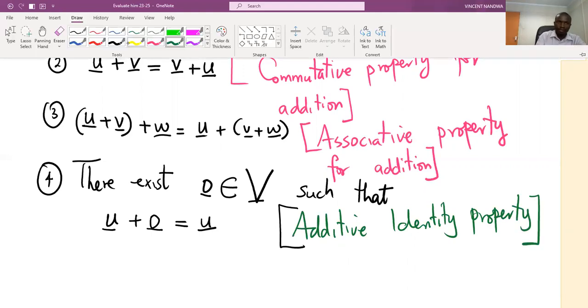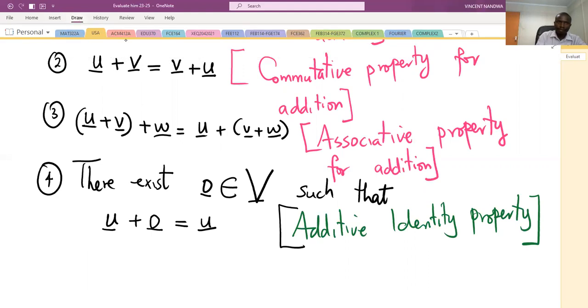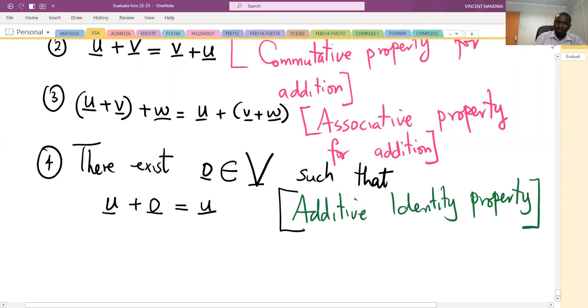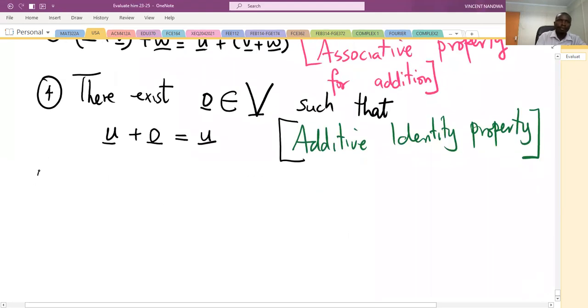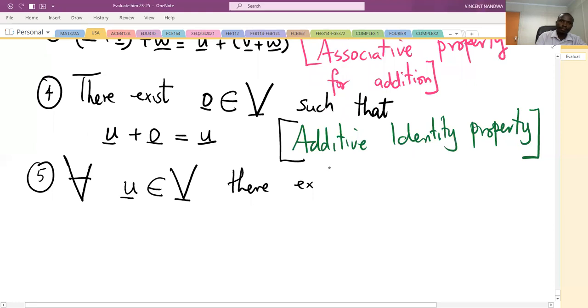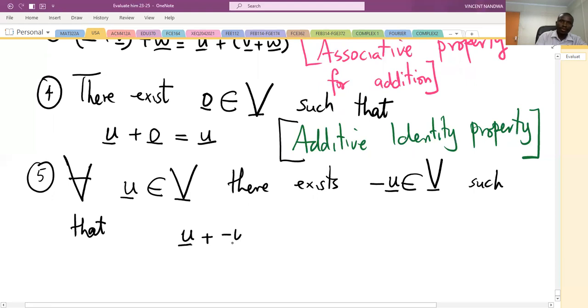And then number 5, for all vectors U in V, there exists a vector minus U in V such that if I take U, I add to minus U, then I get a 0 vector.